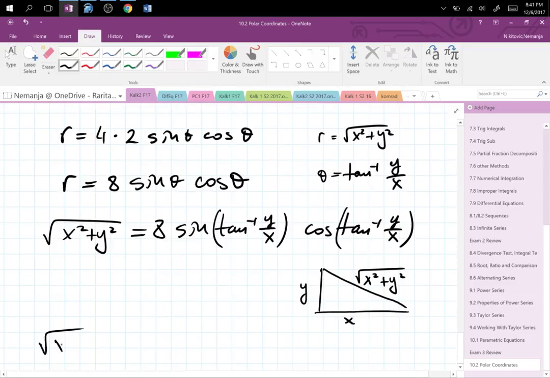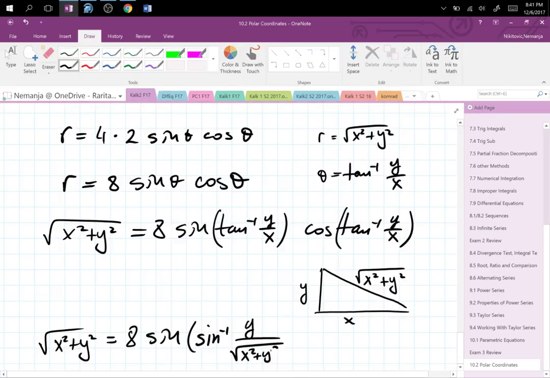So now your square root of x squared plus y squared is equal to 8 sine, and you are reading the inverse sine off of the triangle, which is opposite over hypotenuse, so that's y over square root of x squared plus y squared. And then you have that times cosine of inverse cosine of x over square root of x squared plus y squared.